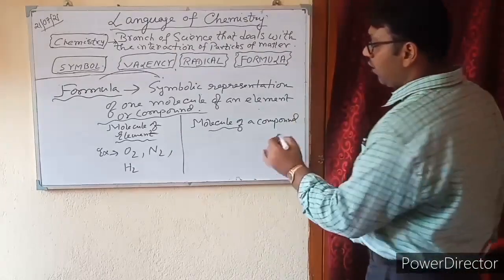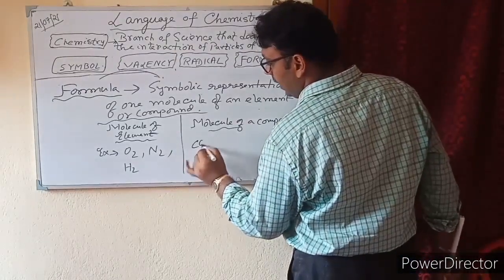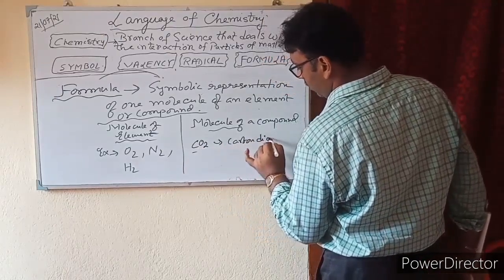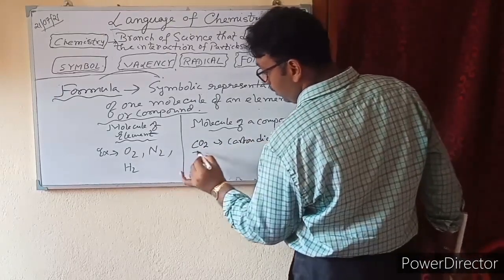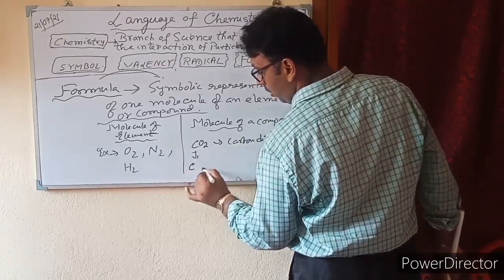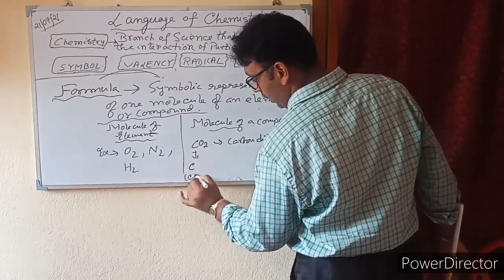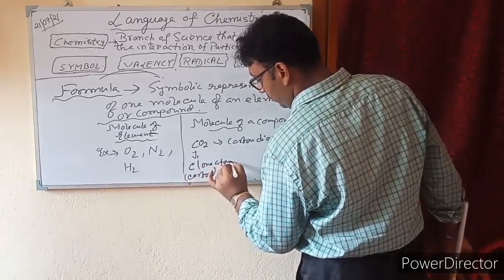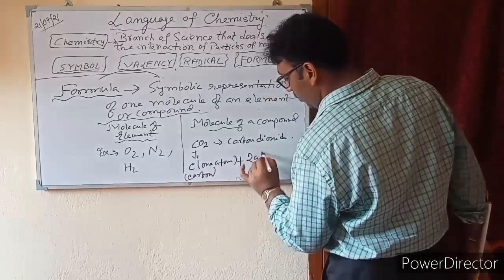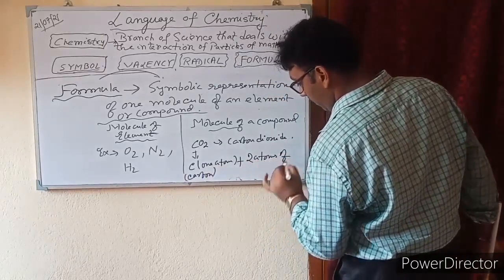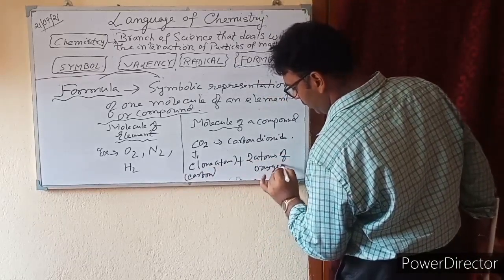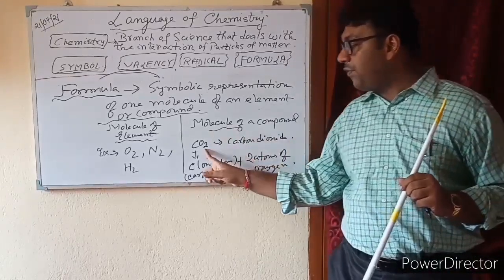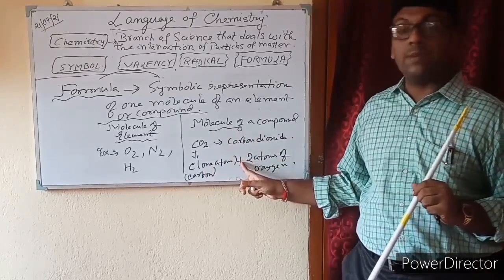Now see, the molecule of a compound. CO2, carbon dioxide, made up of one atom of carbon plus two atoms of oxygen. So it is clear that in the case of a molecule of a compound, different atoms are present, not the same type.